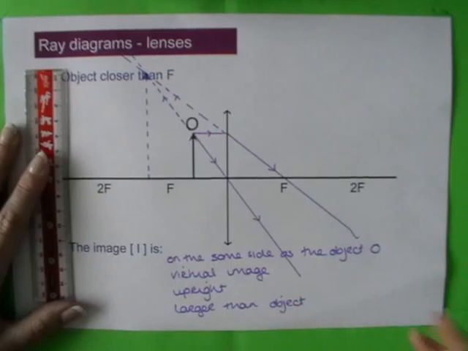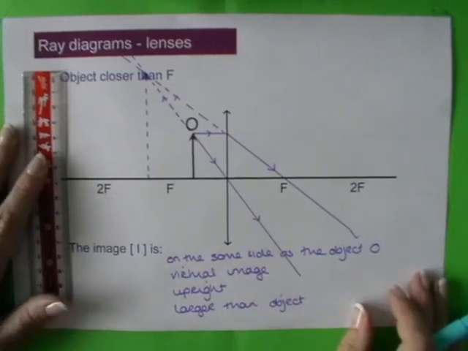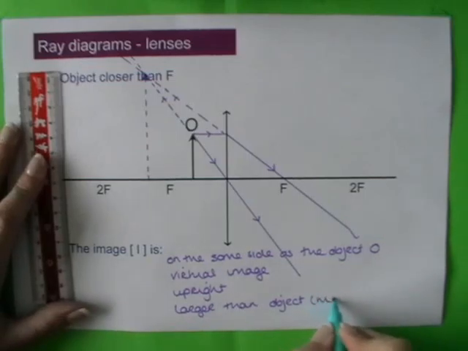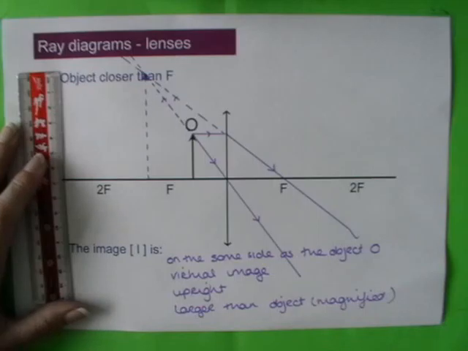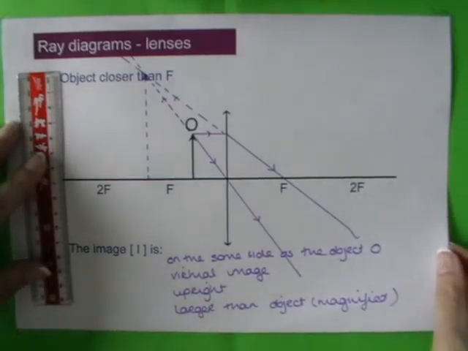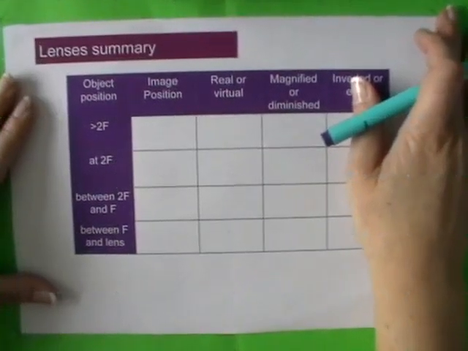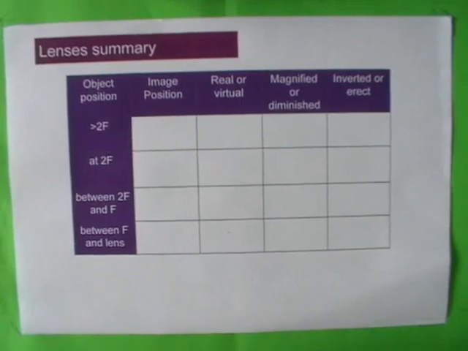So we have a virtual image on the same side of the lens as the object, and it's upright and larger than the object, in other words magnified. And this is the principle of how a magnifying glass works. It produces a virtual image, which is a magnified image of the object depending on the location of the object.